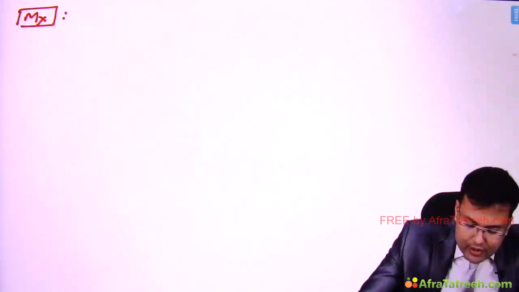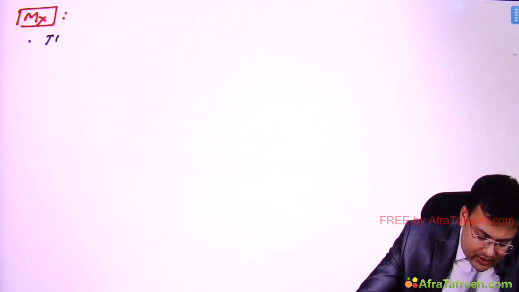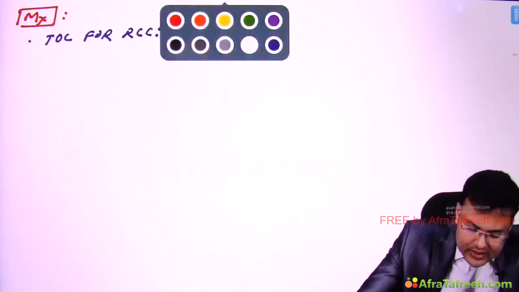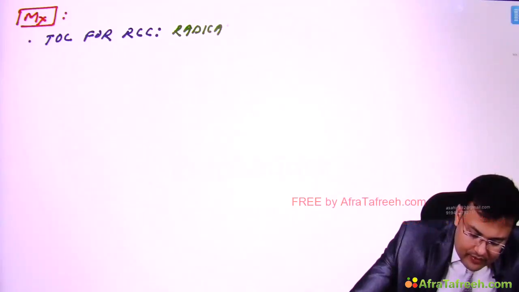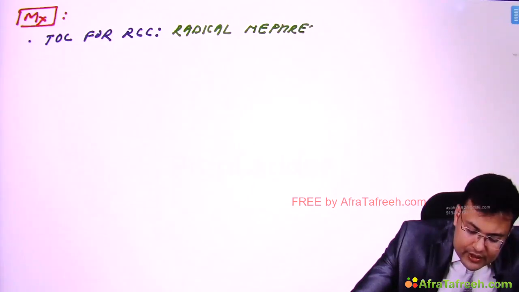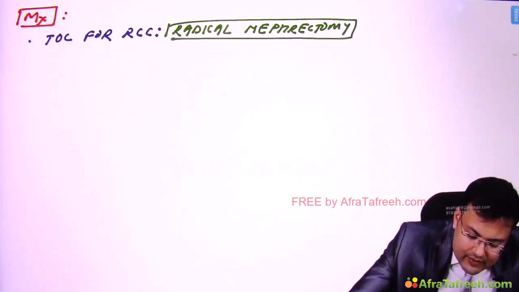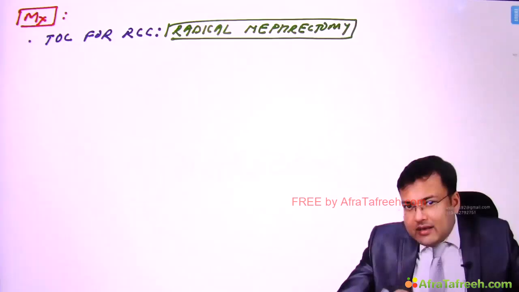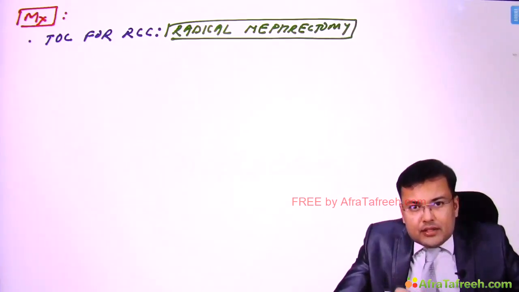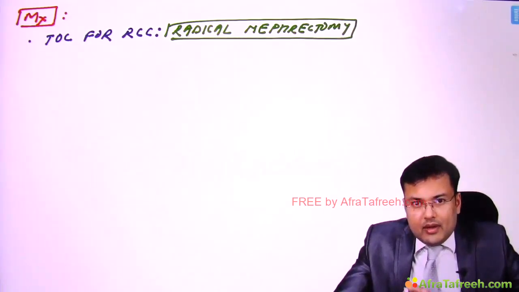Two important points related to the management. First important question, what is the treatment of choice for RCC? Nothing is mentioned in this statement, and the answer is radical nephrectomy. Why? It's a type of cytoreductive surgery which decreases the tumor load.